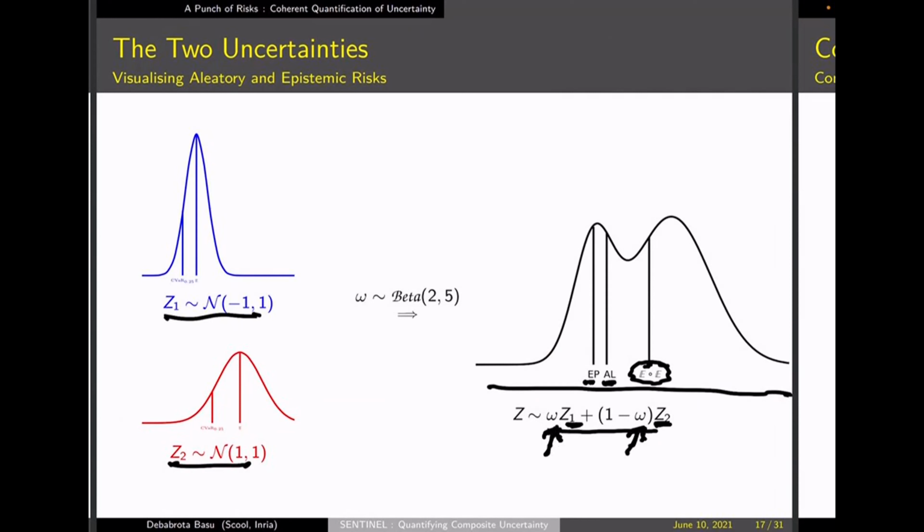So we see that there are these two types of uncertainty, and they are two different uncertainties. Just to summarize, in one case, we average out omega and 1 minus omega and take the uncertainty over Z1 and Z2. In another case, we average out Z1 and Z2 and take uncertainty over omega and 1 minus omega. That's the main difference.